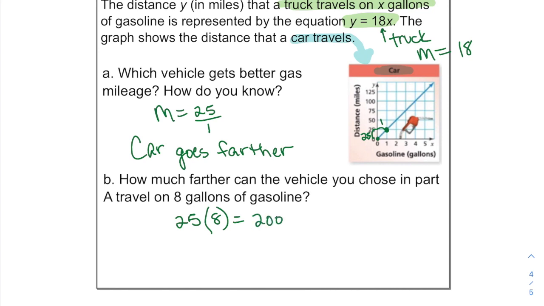And if we did the truck, 18 times 8, it's only going 144. So the car is able to travel 200 miles, where the truck will only be able to go 144. So if I subtract those two amounts, 200 minus 144, I'll get 56 miles. So the car is going to be able to travel 56 miles farther than the truck on 8 gallons of gas.